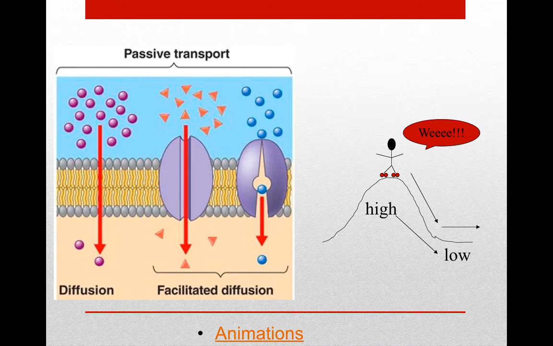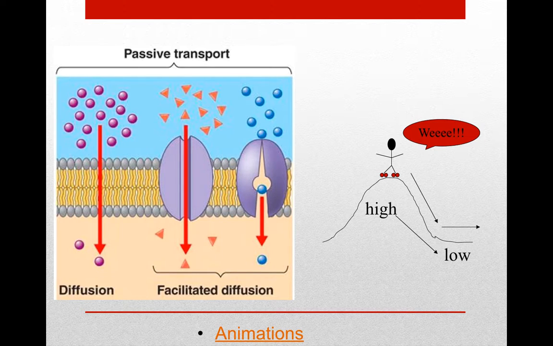Second type of passive transport is called facilitated diffusion. And here there are two examples. The first one with the orange triangles is just a channel protein, and that just allows a selective transport of one type of hydrophilic, that's a water-loving molecule, across the cell membrane.